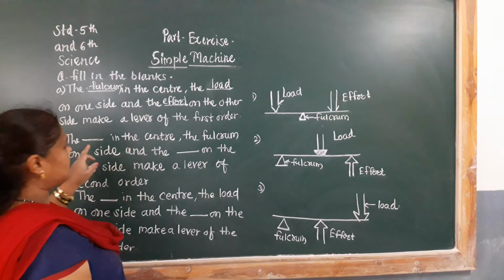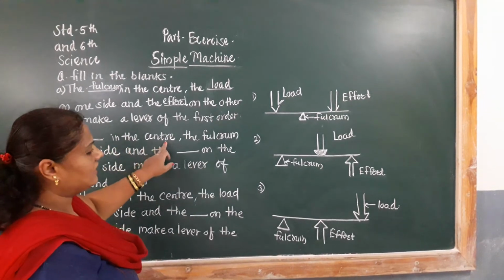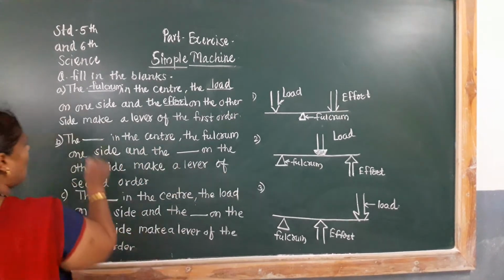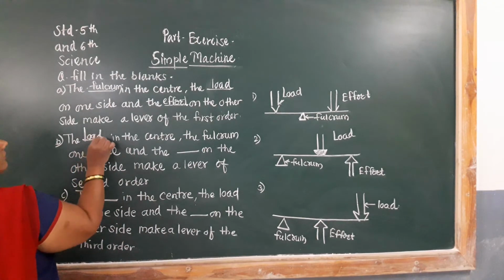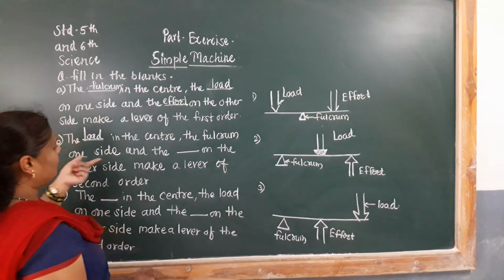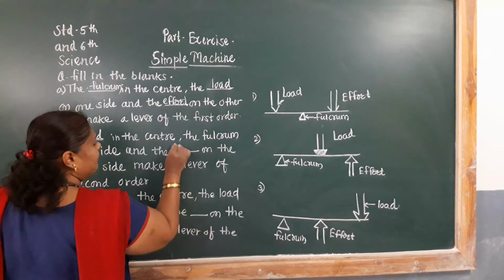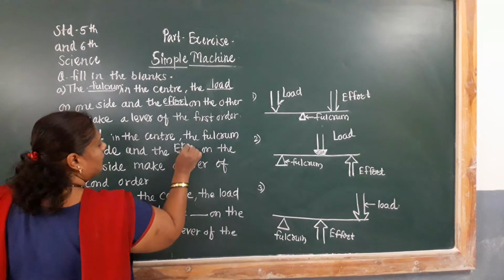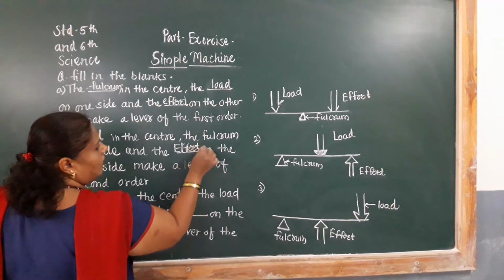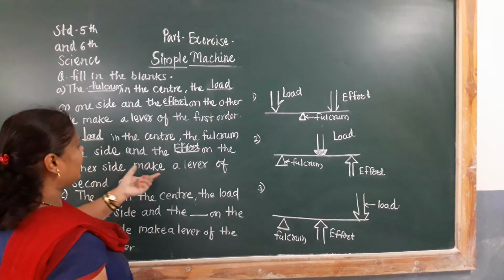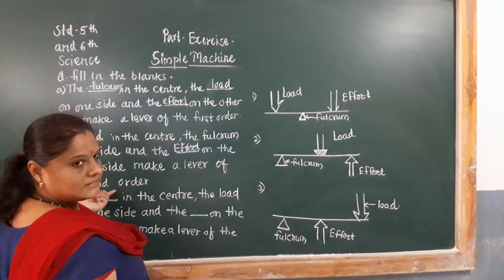Okay, then second, the dash in the center. What is in the center? Load in the center. The fulcrum on one side and the effort on the other side make a lever of the second order.